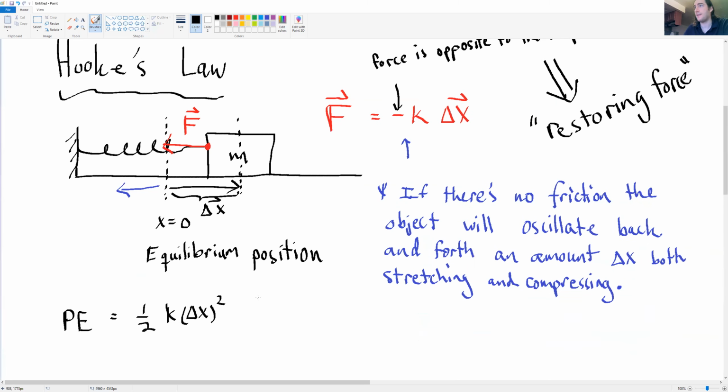And we can go ahead and plot that. I just mentioned the word linear. So notice this equation right here. The force is linear with respect to delta x, right? So the force is proportional to delta x. So that's linear.